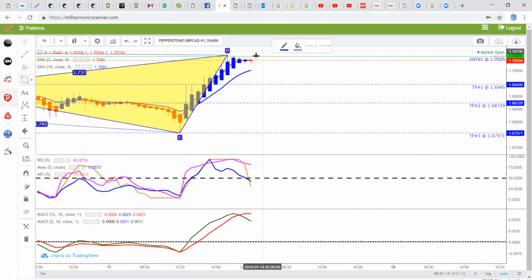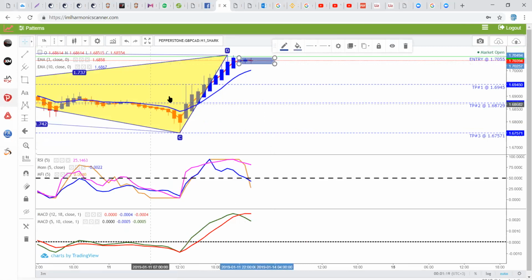So you have a TZ zone right now, which is forming. What are you waiting for? A breakout of that TZ zone, right? You're also waiting for this red line to cross the blue line.